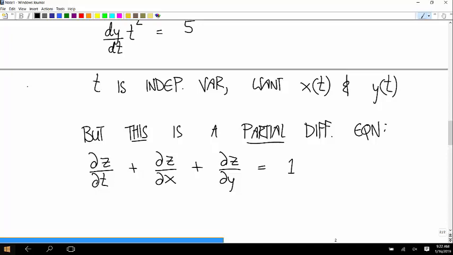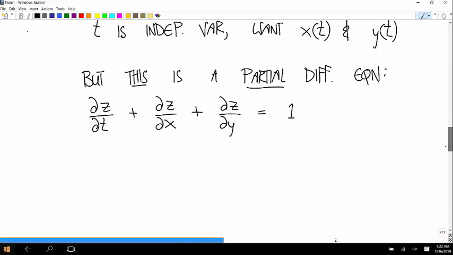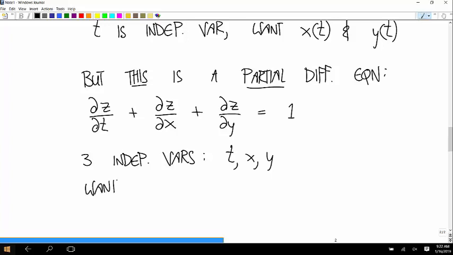And that's a partial differential equation because we have 3 independent variables, t, x, and y, and 1 dependent variable. We're looking for z, which is a function of t, x, and y.